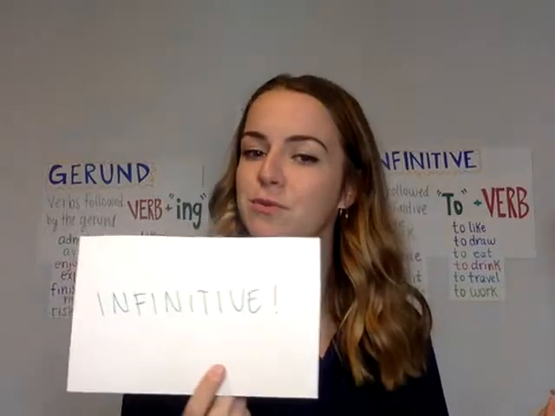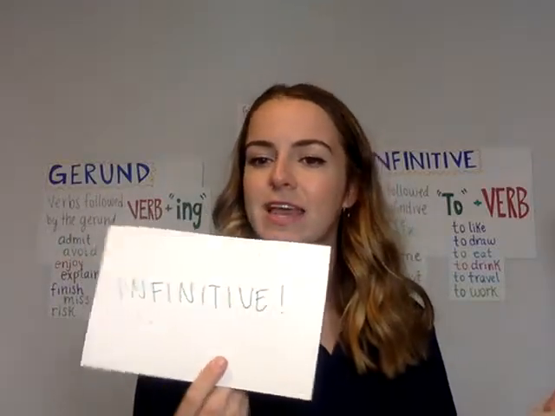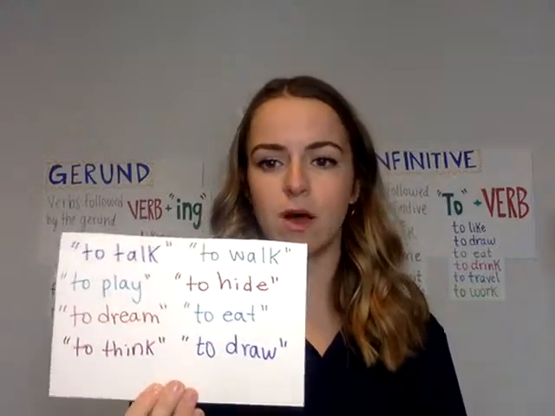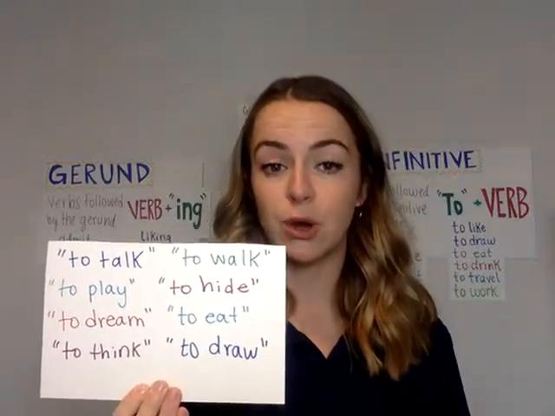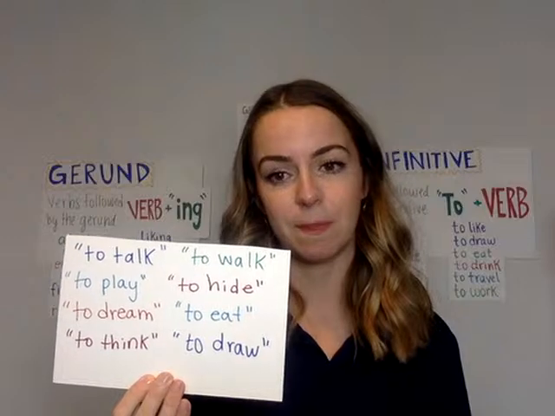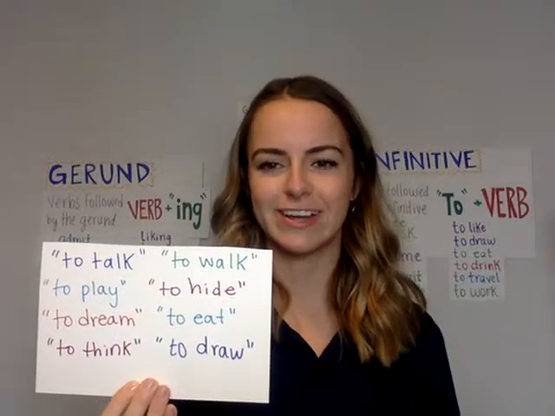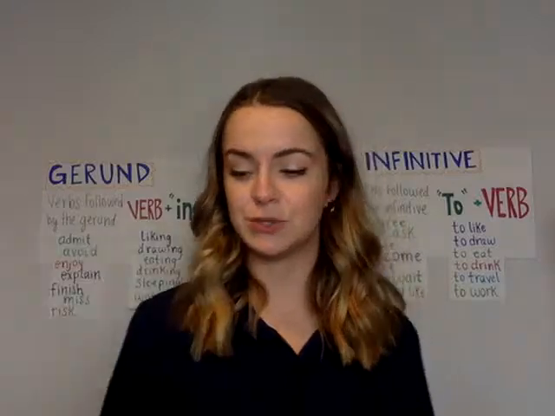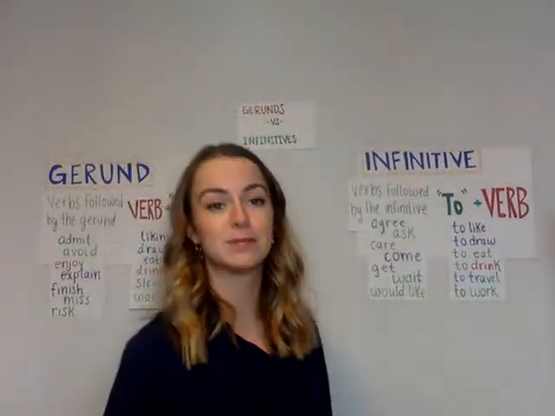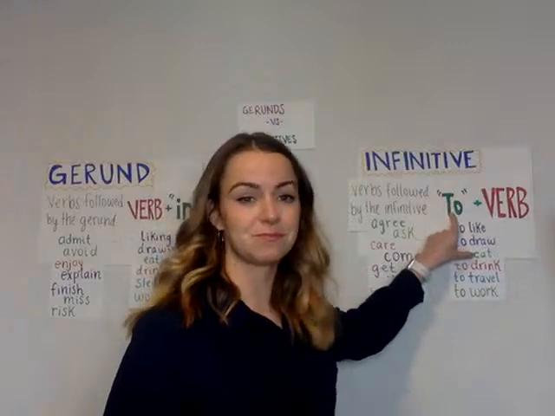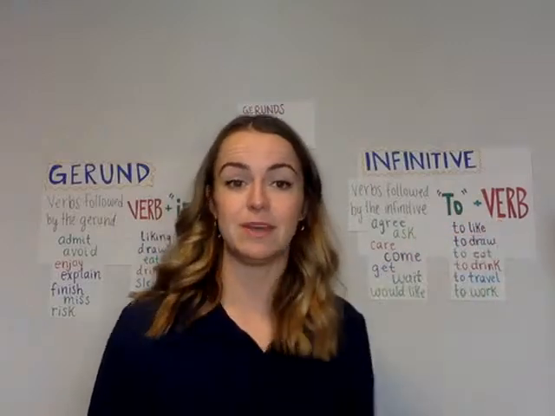And you guys are right, it is infinitive. Can you tell me, what is the pattern here? What do all of these have that show it's an infinitive? Very good. Yes, it is to plus the verb. So if the verb is talk, you would do to plus talk, and it would be to talk.